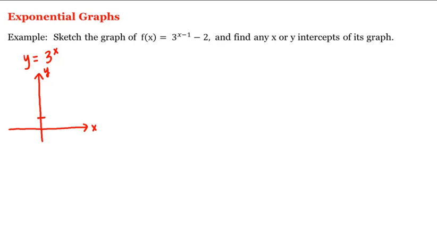Well, it has a y-intercept at 1, and then when x is 1, y is 3 raised to the first power, which is 3. So this is 2, here's 3. So we have the point 1, 3, it lies on the graph. And the exponential function looks like this. Now the x-axis, or y equals 0, is a horizontal asymptote.